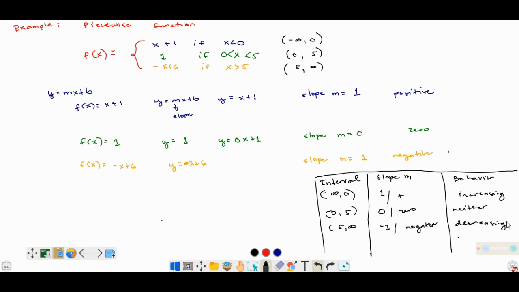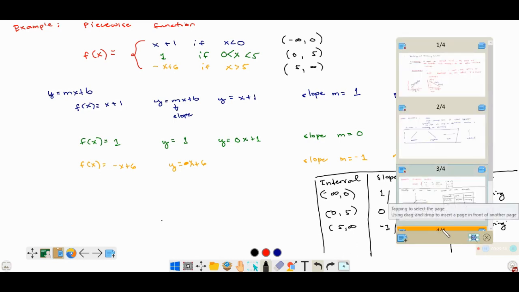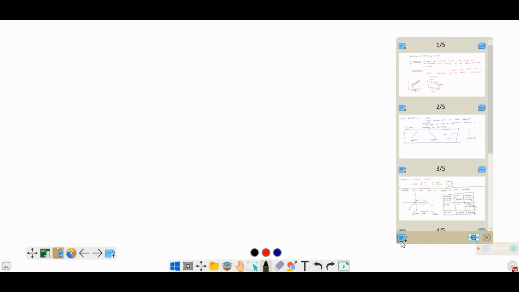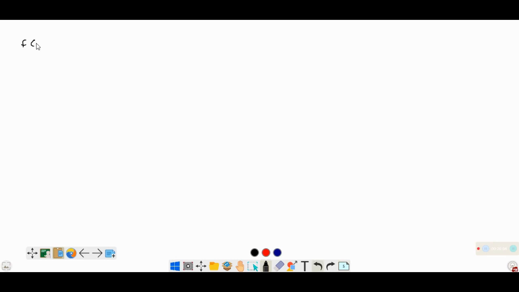So, linear function pa rin. Sige. Damihan natin yung example para hindi tayo nalilito. Lagay tayo ng bagong sheet dito sa dulo. Okay. If you have f of x is equal to negative 3x minus 4, you can check for the graph using Desmos app and examine what kind of slope this function has.